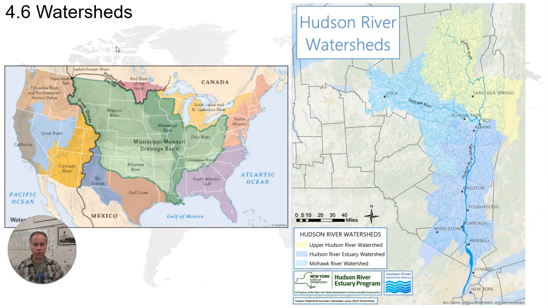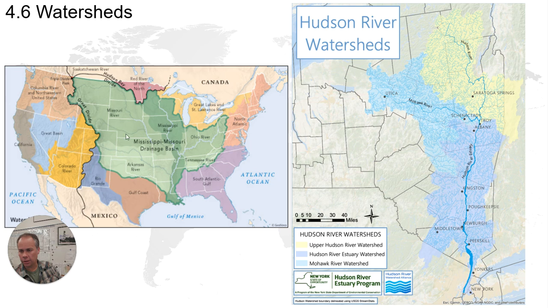And the Mohawk River watershed, as we see on the map on the right, is part of an even larger watershed, the Hudson River watershed. All of the water in this colored area eventually makes its way into the Hudson River, which eventually flows into the Atlantic Ocean down around New York City. So the Sequoia watershed is a small area here, the Mohawk watershed is larger, and the Hudson River watershed is even larger than that.